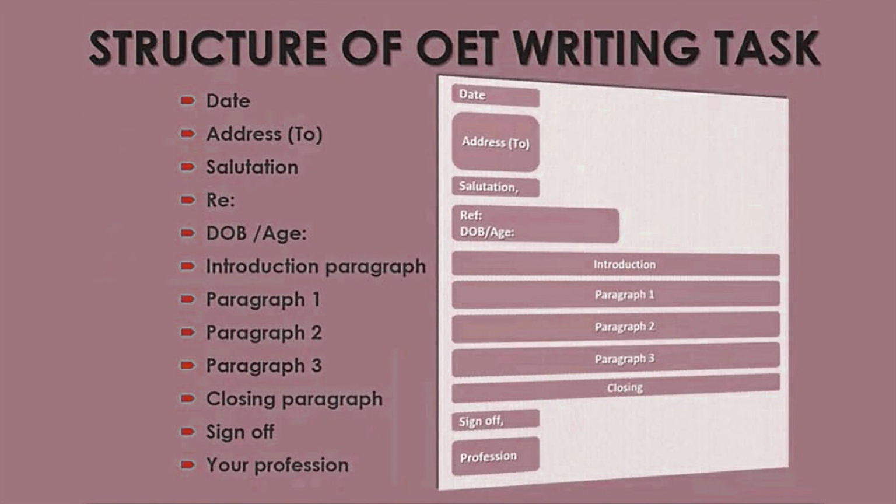We start with the date, one line space, then the address, again one line space, then the salutation, again one line space, patient details, date of birth and age. Then we start with the introductory paragraph, first body paragraph, second body paragraph, third body paragraph and the closing paragraph. Always remember, there should be one line space between each and every paragraph.